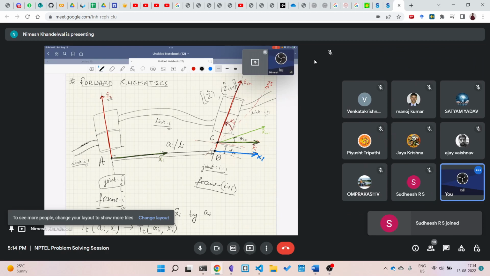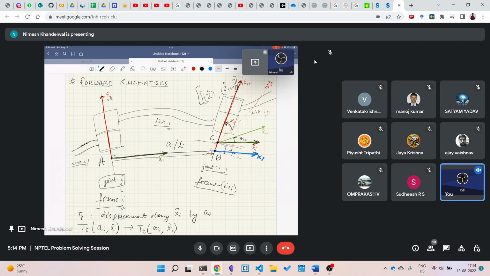Now you can see that along this z, either zi or zi+1, I can say either one because both are coincident, I need to translate by di+1. After I have translated, my z will be the same, but my origins will have coincided.